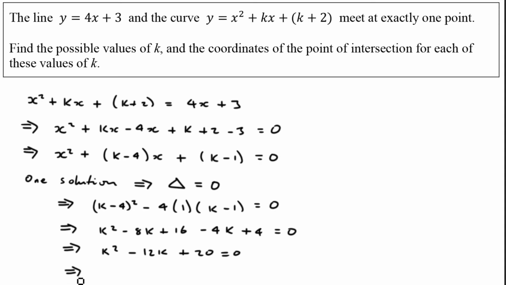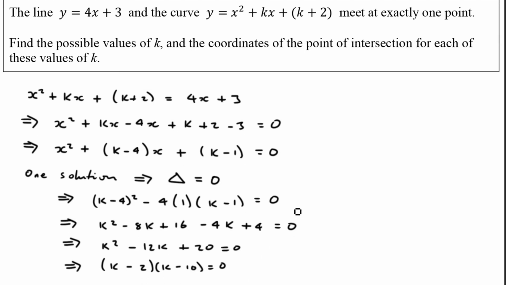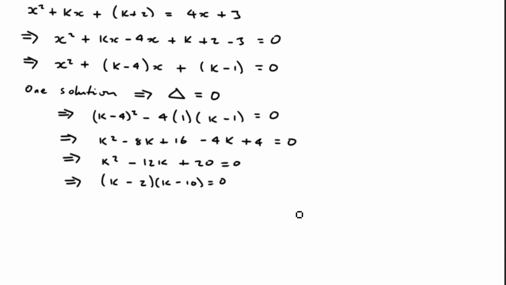And again, optimistically hoping we can factorize this. And yes, we can. That will be (k subtract 2)(k subtract 10). So the possible values of k are that k is 2 or that k is 10.